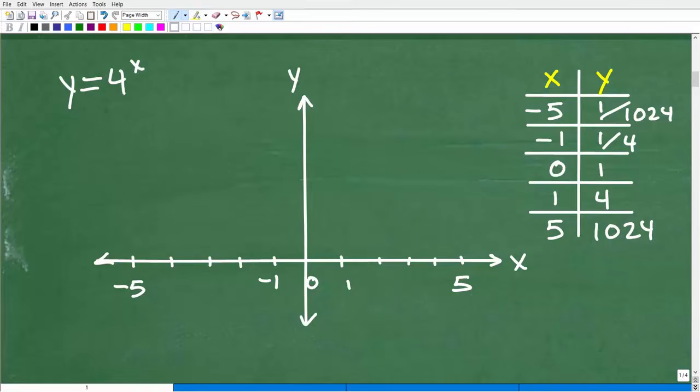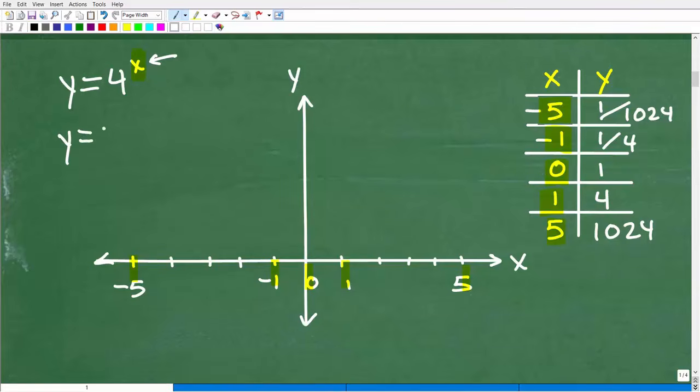So we have these particular x values: -5, -1, 0, 1, and 5. So I can plug them in right here. And then when I plug in those x values into my equation, I'm going to get the respective y values. So let's start with something easy here, and then we'll talk about these other negative values.